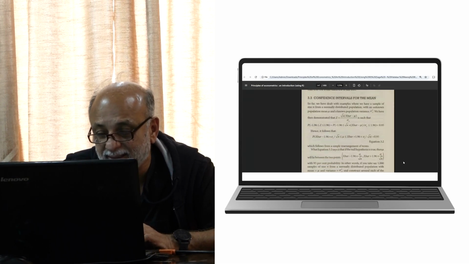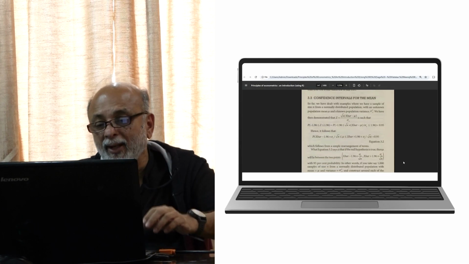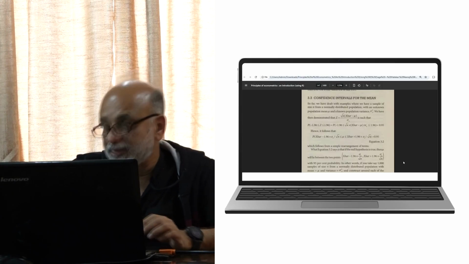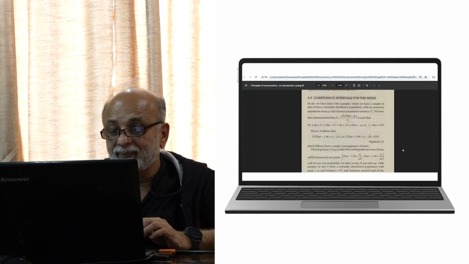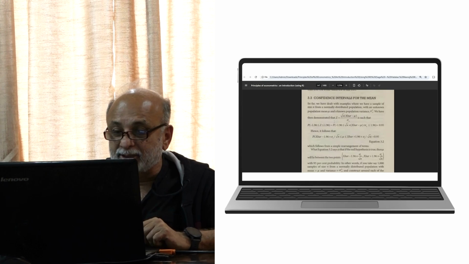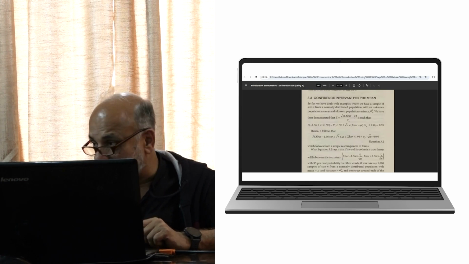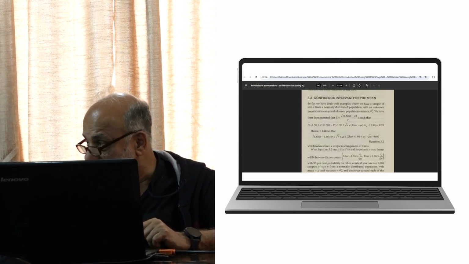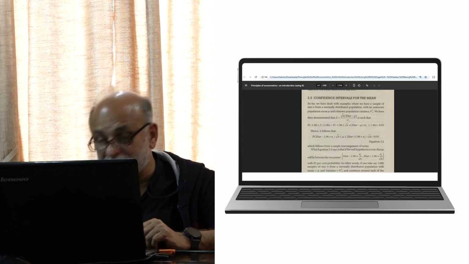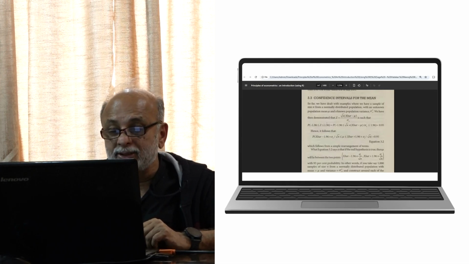It's really very easy. We can also create confidence intervals. It's a very easy idea. We know that root n times (x bar minus mu) by sigma x is a standard normal, which will lie between minus 1.96 and plus 1.96. So all that I do is multiply both sides by sigma x upon root n.